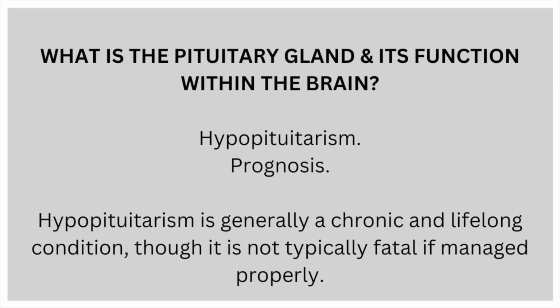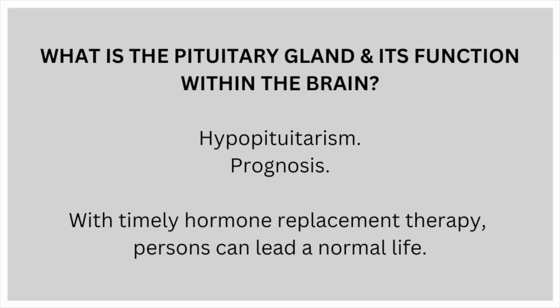Hypopituitarism, the prognosis. Check out that for a word. Hypopituitarism is generally a chronic and lifelong condition, though it is not typically fatal if managed properly. With timely hormone replacement therapy, people going through this can lead a normal life.